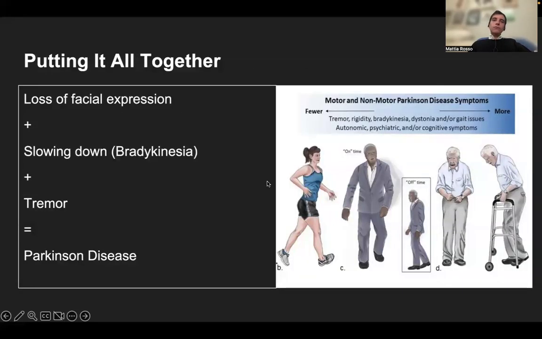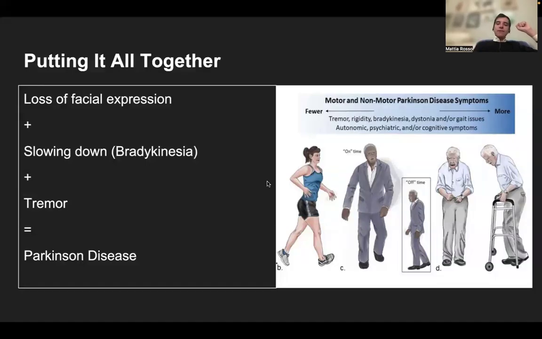And what really happens is the following. Let's put it all together. We talked about movement starting from the cortex and being either inhibited or activated by the basal ganglia. With the direct pathway, movement will happen. With the indirect pathway, movement will be suppressed.